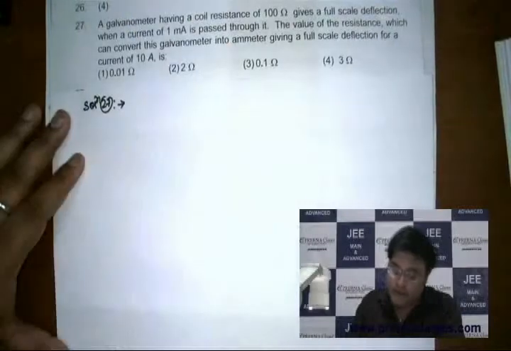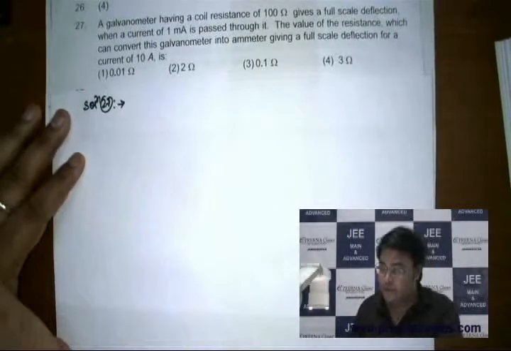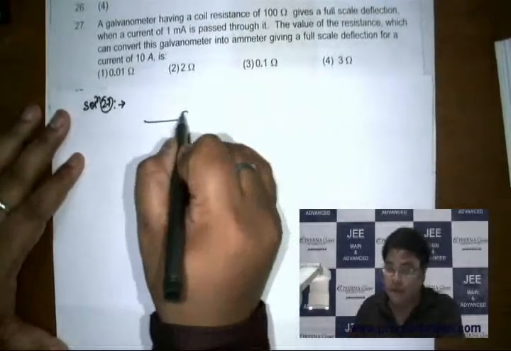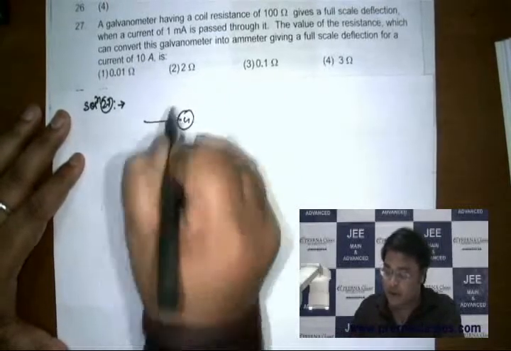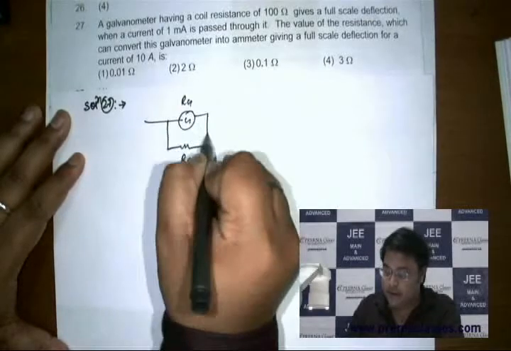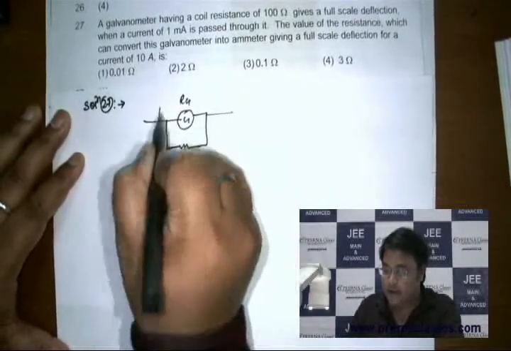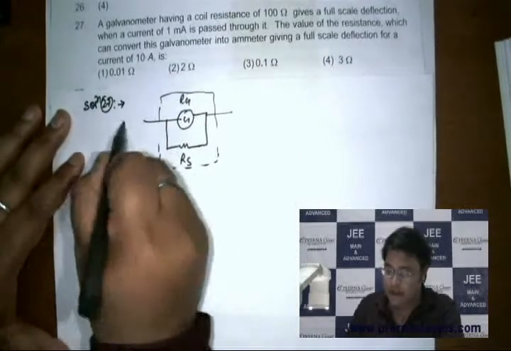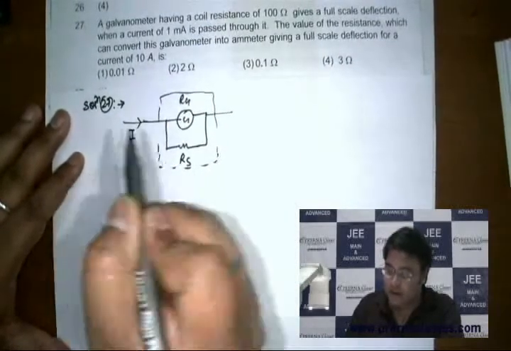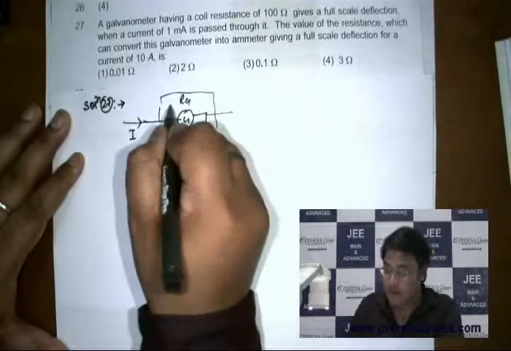Next is question 27. It is from electrical instruments, galvanometer and ammeter. So if you connect a shunt resistance in parallel to the galvanometer, let us say the resistances are R G and R S, then overall it behaves like an ammeter.